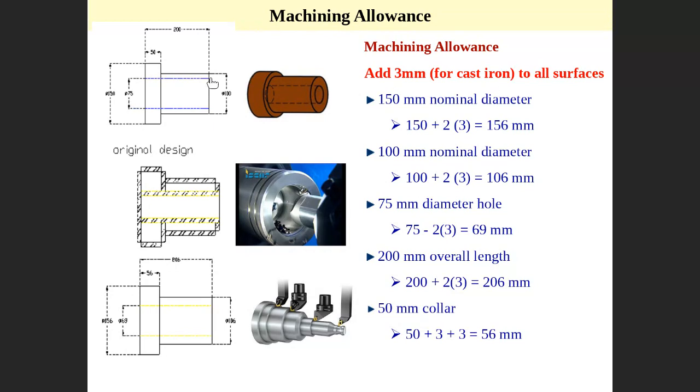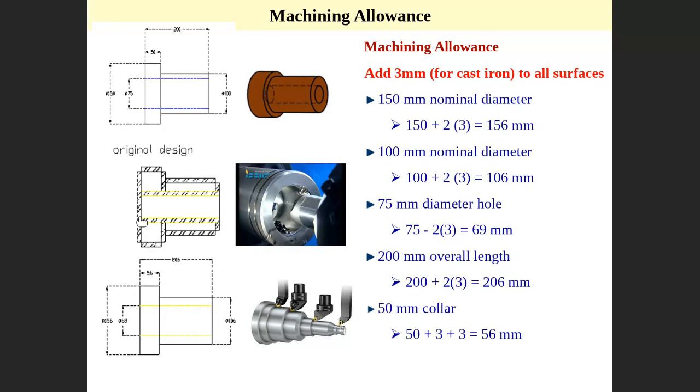So you can see this is 150, this is 75, this is 50 millimeter, this is 200 millimeter, this is 100 millimeter. All these dimensions will change, as we described last time. So 150 millimeter, we added 2 multiplied by 3, because we added 3 here and 3 here.